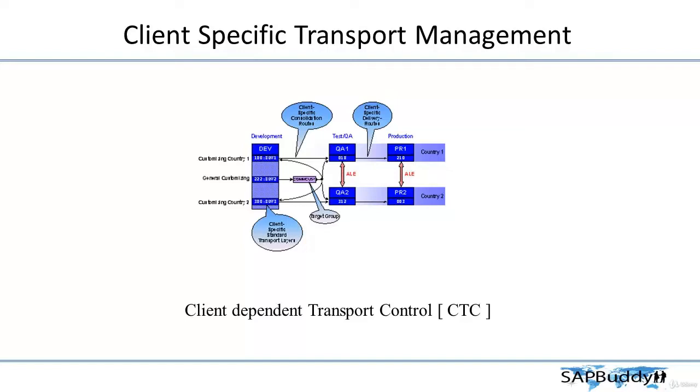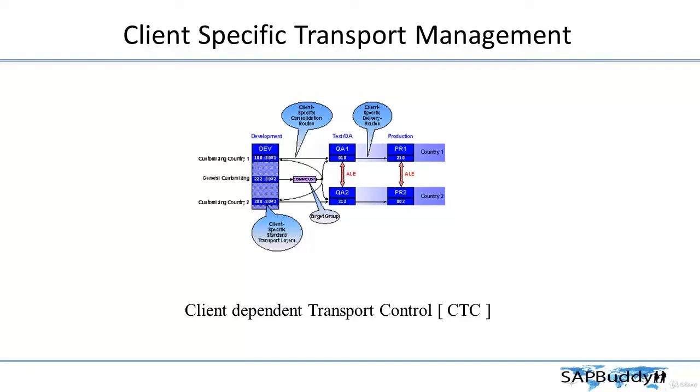When you create a transport route using a client specific consolidation route, during the import you do not need to specify which client you need to import this particular TR into, because once the TR reaches the consolidation target, the system automatically determines which client it needs to be imported into. In the same way, in the client specific delivery route you can specify which target client you need to import into.